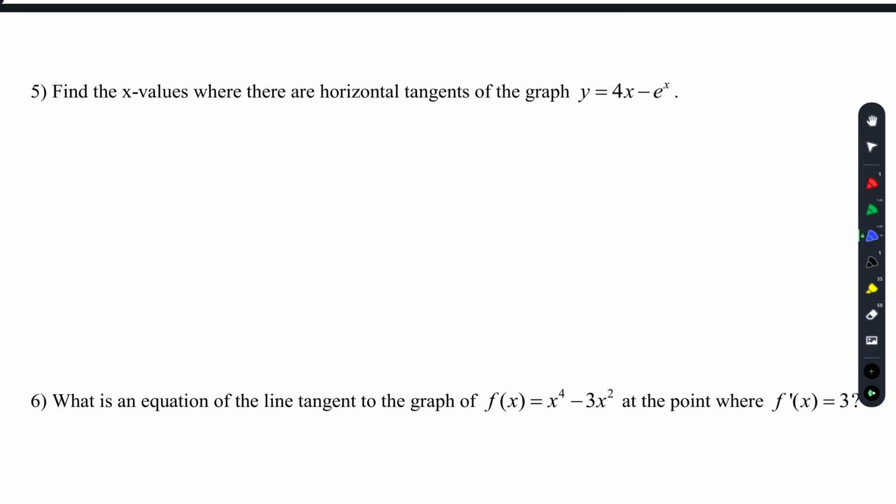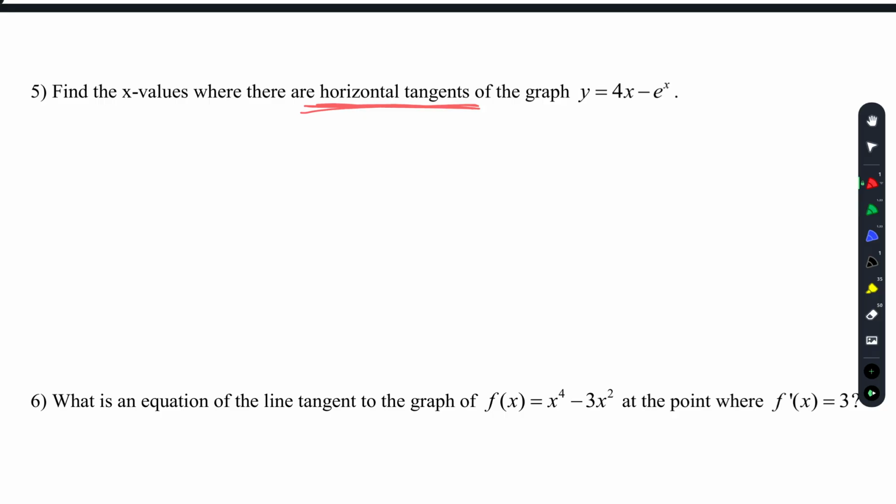Do you know what this means? Horizontal tangents. What does that mean? Tangents make it a calculus question. Horizontal gives you a little edge, gives you some extra stuff.